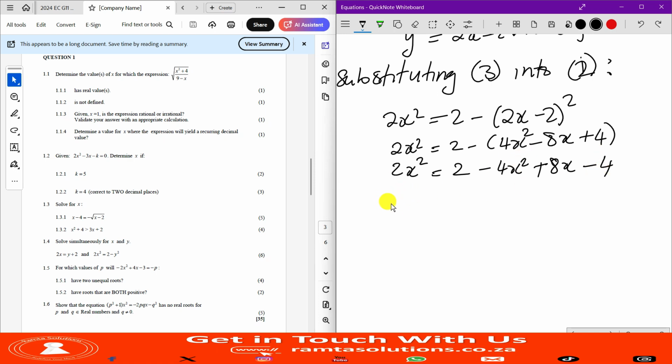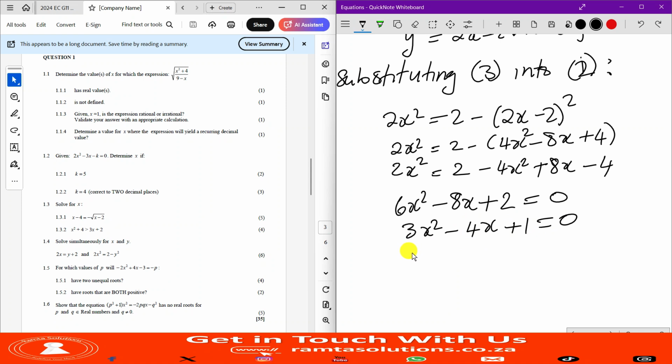Now collecting like terms, we have 6x squared minus 8x. 2 minus 4 is minus 2. Coming to the other side, it will be positive 2 equals 0. Now dividing throughout by 2, this becomes 3x squared minus 4x plus 1 equals 0.